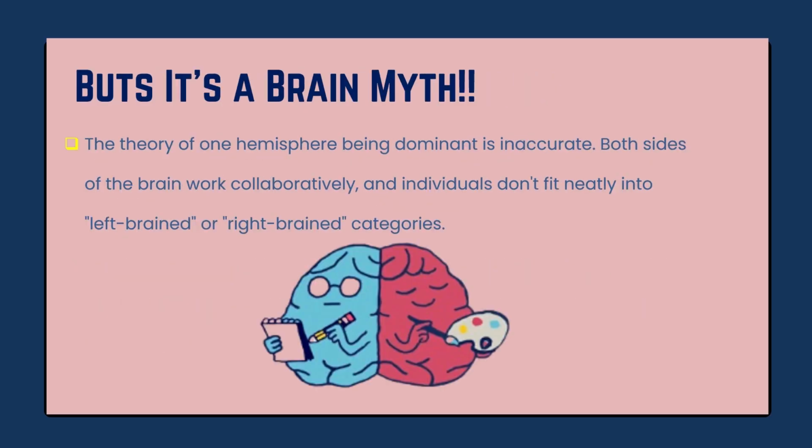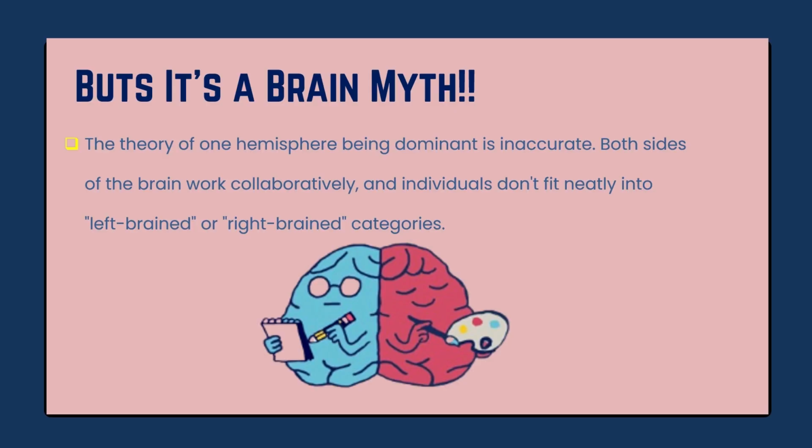Alright, but later on when we had neuroimaging and all those latest techniques, we know that this is a myth. The theory of one hemisphere being dominant is inaccurate because both sides of the brain work collaboratively and individuals don't fit neatly into left brain or right brain regions.